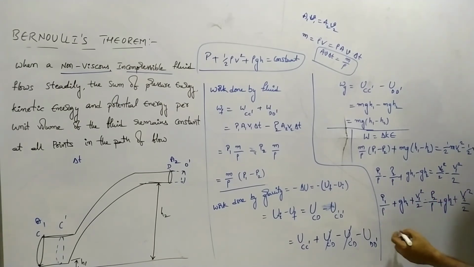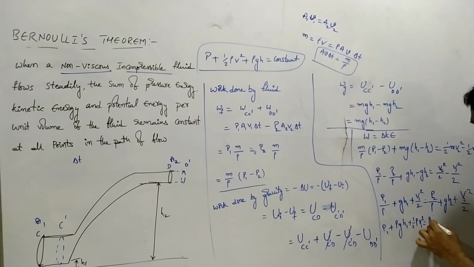As the density is multiplied, the expression can be represented as P1 plus rho g h1 plus half rho v1 square is equal to P suffix 2 plus rho g h2 plus half rho v suffix 2 square.